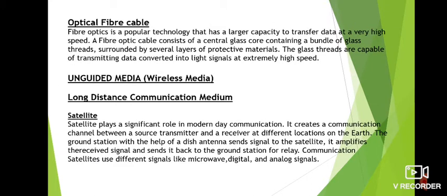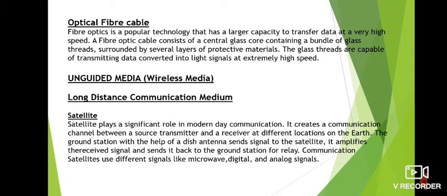Next is optical fiber cable. Optical fiber is a popular technology that has great capacity to transfer data at very high speed. A fiber optic cable consists of a center glass core containing a bundle of glass threads surrounded by several layers of protective materials.